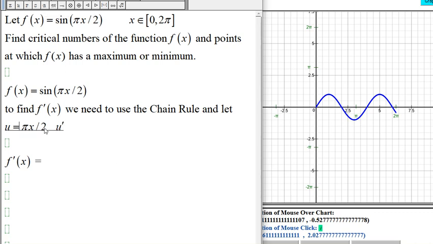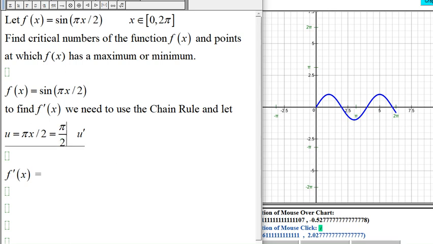And let's rewrite this thing right here. This is the same as pi over 2 times x. And so the derivative, which is du dx, that's what that is. Derivative of u with respect to x is just the pi over 2. And so the chain rule is do the regular derivative.